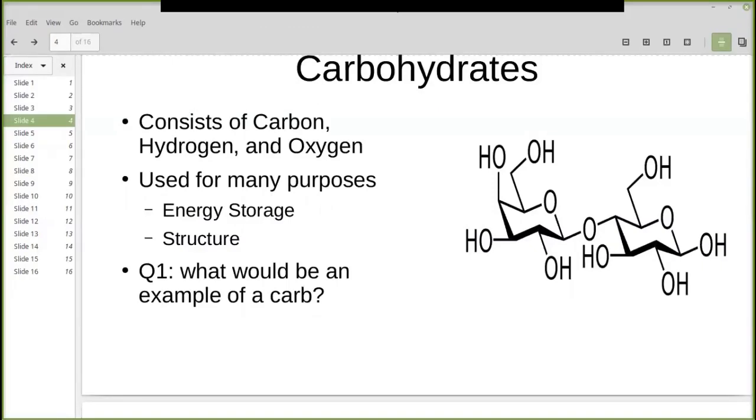Okay. Good, people got it right. Glucose would be an example of a carbohydrate.